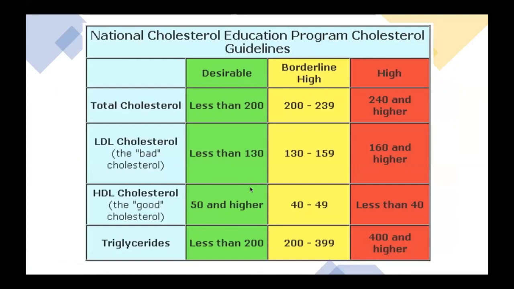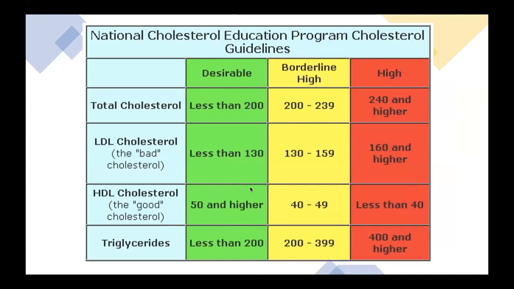You can see this table, or you may have seen this before, with the target cholesterol numbers when you go for blood tests to check your cholesterol. What we also call a lipid profile. Here in the left-hand column is the name of the blood test, and the green column is the desirable amount. A good total cholesterol should be below 200 milligrams per dL.